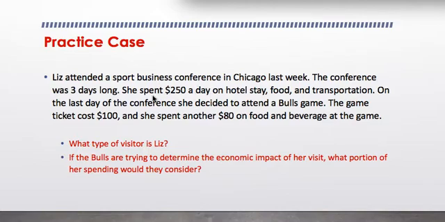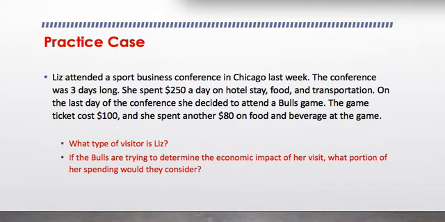So they would not account for this $250 a day on food, travel, and transport. That would be associated with the conference, right? They would only account for the event-related spending, which was $100 on the ticket and $80 on the food and beverage. So $180 of my spending they would account for in their economic impact analysis.